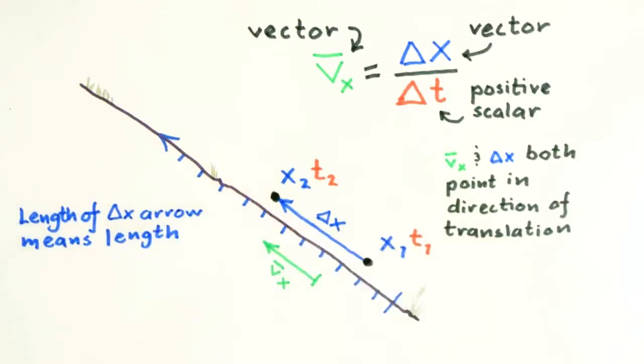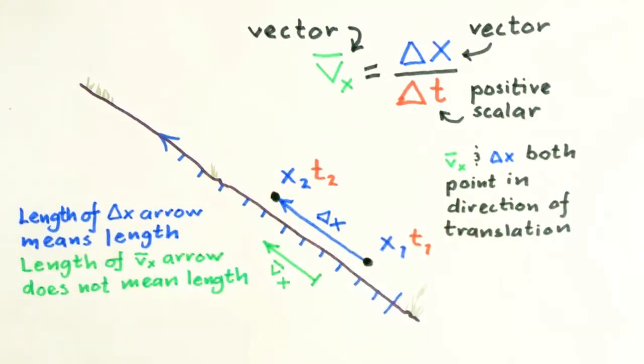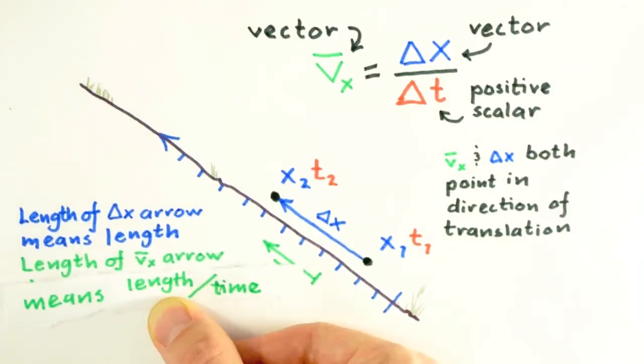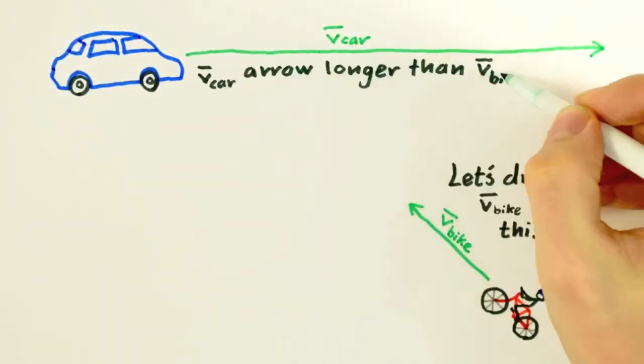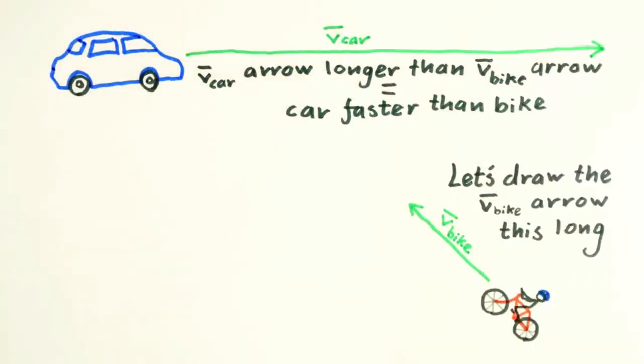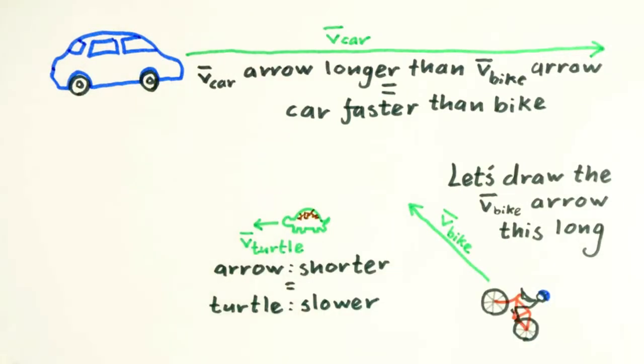However, the length of the arrow for the average velocity tells us something very different: how fast the object is moving. So, we have to make an extra decision about how long to draw the arrow to represent a particular magnitude of average velocity. Once we make that decision, we can then represent the average velocity for a fast object with a long arrow and for a slow object with a short arrow.